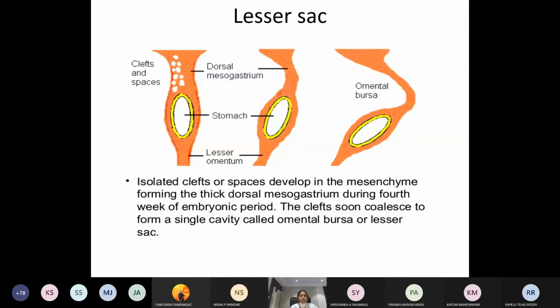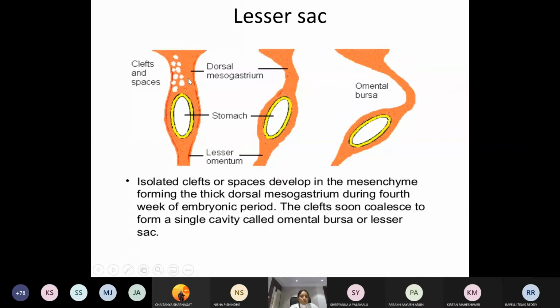How does the lesser sac develop? Okay, lesser sac. You see here, this is dorsal mesogastrium. Within the dorsal mesogastrium, just behind the stomach, small spaces or clefts will appear. All the spaces will fuse among themselves.